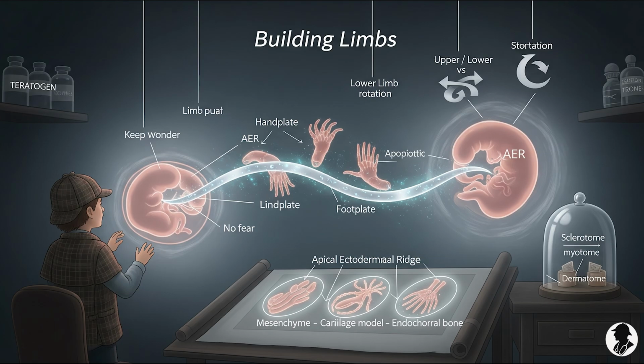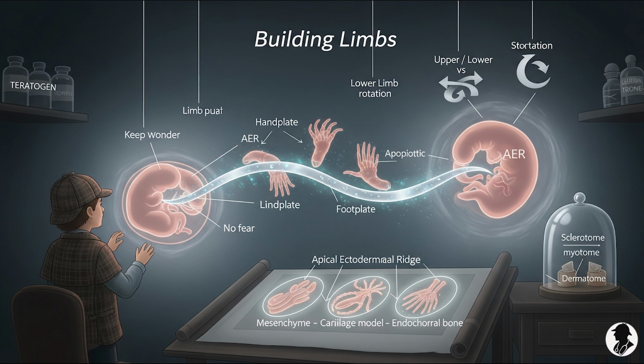If we connect this to the bigger picture, understanding these embryonic stages is truly foundational for anyone in medicine. It helps us interpret congenital anomalies, understand the segmental innervation patterns we use every day in diagnosis. Those dermatomes and myotomes. Exactly. And just appreciate the incredible precision and coordination required for healthy development.